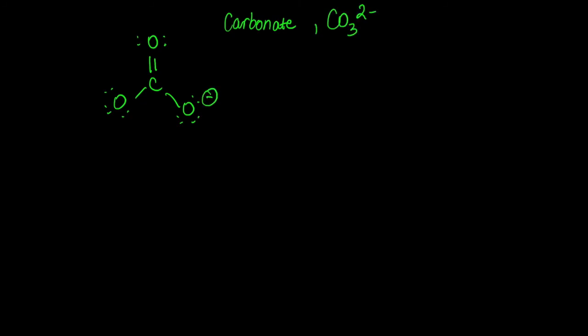Another polyatomic ion is carbonate. Carbonate has a structure that looks like this, once you figure it out. There's a formal charge on two oxygens, and there's a double bond to the third oxygen.